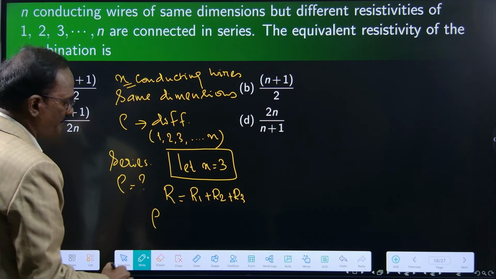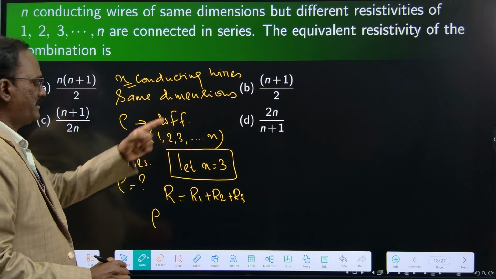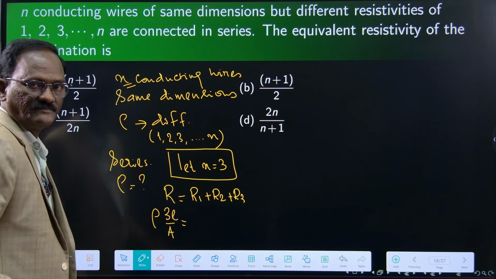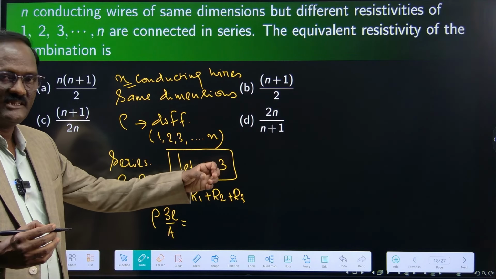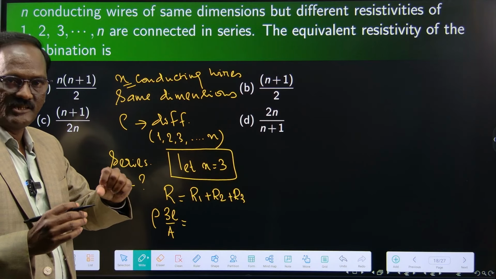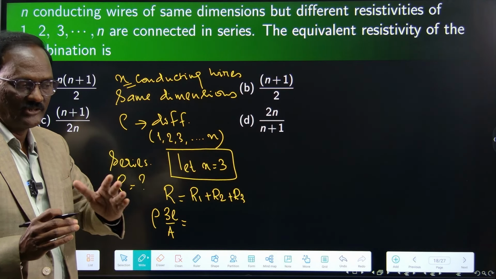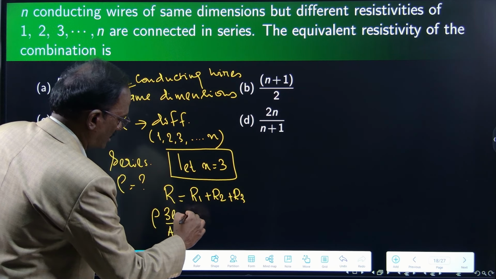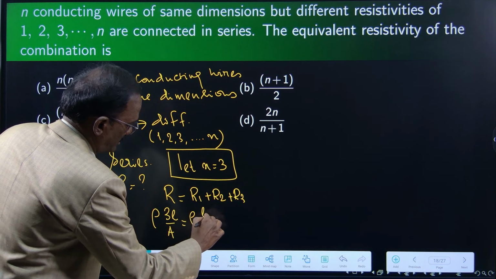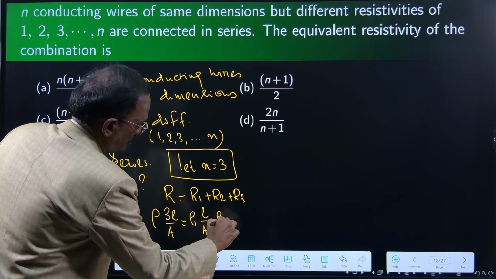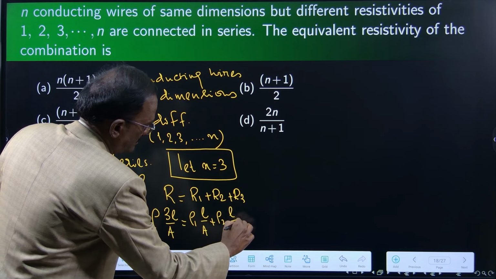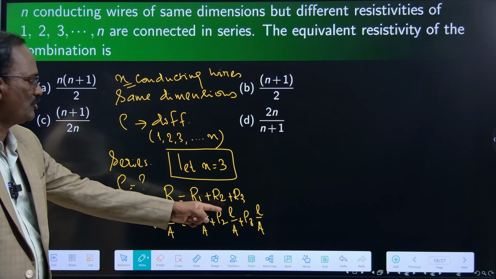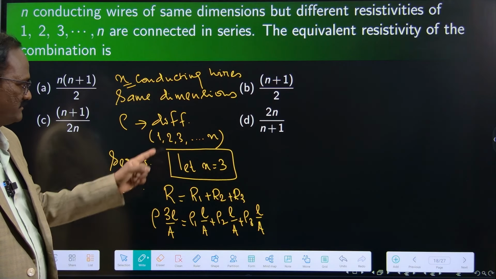This is rho, same dimensions, so 3L divided by A. Cross sectional area is not changing. R is equal to rho 1 L by A plus rho 2 L by A plus rho 3 L by A. Rho 1, rho 2, rho 3 are given as 1, 2, 3.